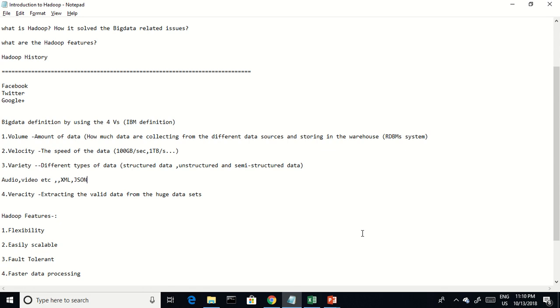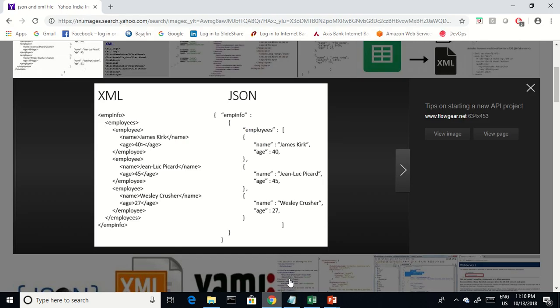Semi-structured data means half of the data is organized and half of the data is not organized. For example, this is an XML file and JSON file. By seeing this file, we can have some information. We can easily find out some of the information, and a few parts we cannot. So this is the example of semi-structured data.